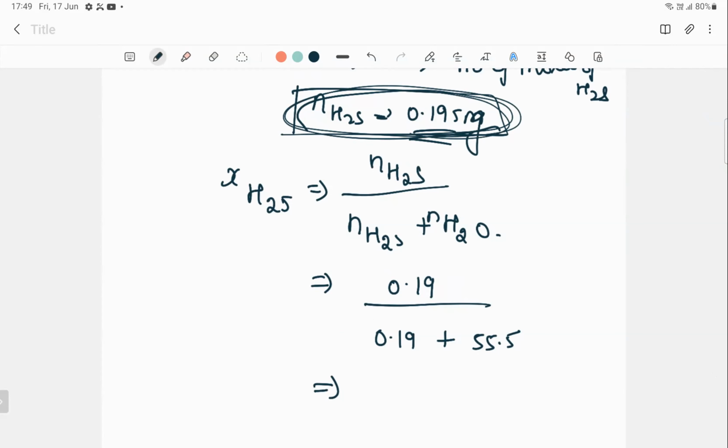Then you can neglect it, but if they have given it, you include it for the step mark.